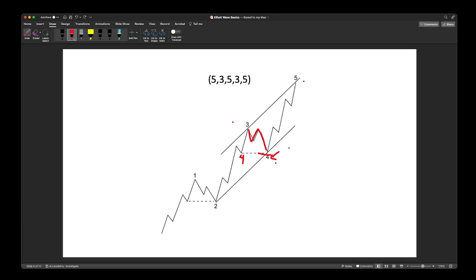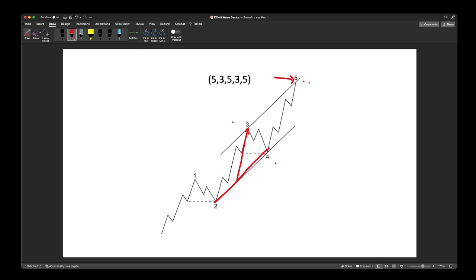Another guideline that we tend to follow very often is that with this impulse, if you were to draw a channel from 2 to 4, let's say you have a line going from 2 to 4, and you extend it to wave 3, you will at least get context of where wave 5 is.